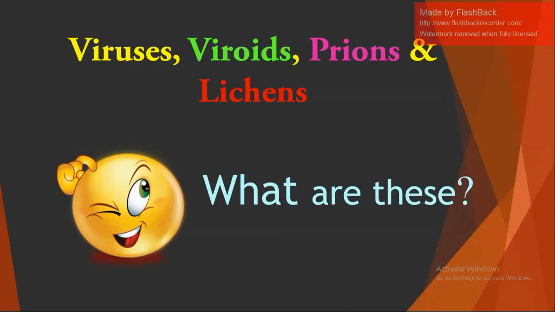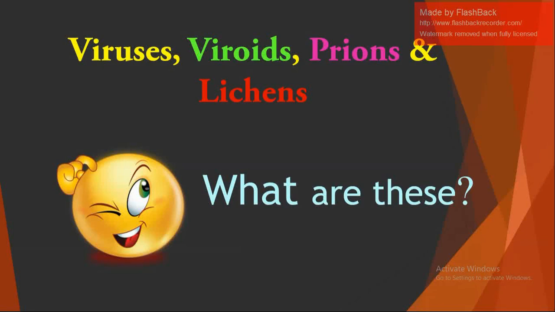This is a group of chemical infectious particles named viruses, viroids, prions, and there is another group, the symbiotic association between algae and fungi, which are commonly referred to as lichens.